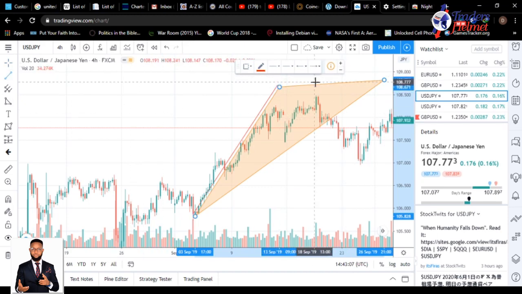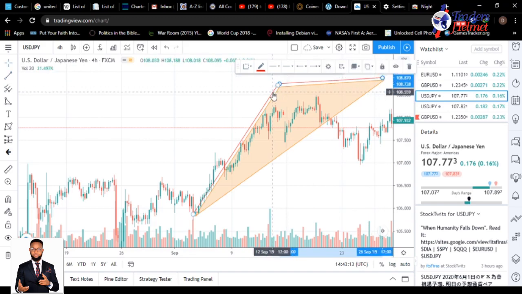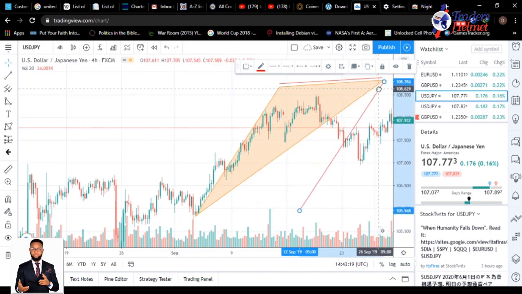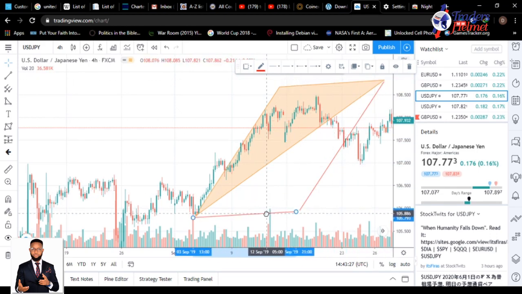So get another trend line from B to C, right? And you pick up the first line and place it in front. Pick up the second line and place it beneath, and your rhombus is formed. As simple as that. Your rhombus is formed.